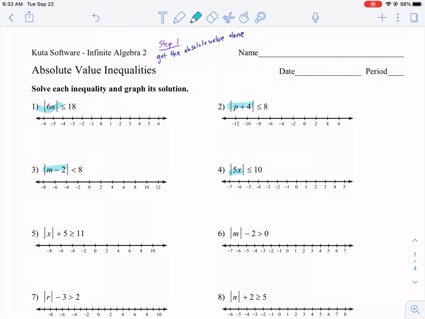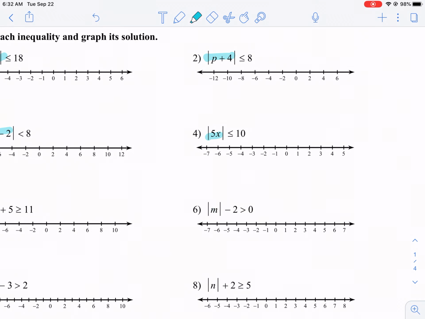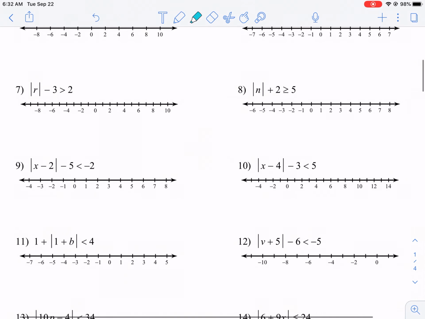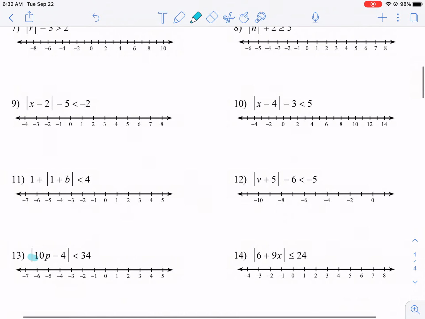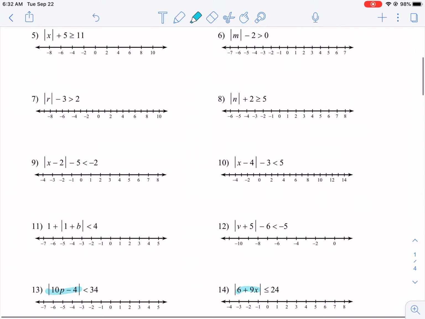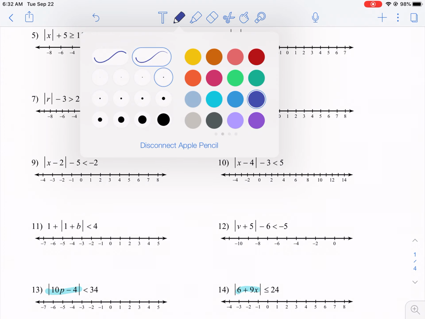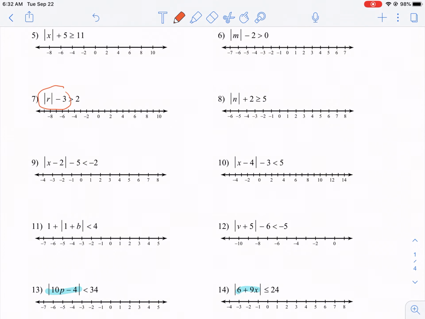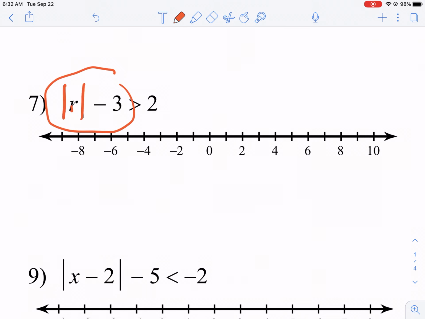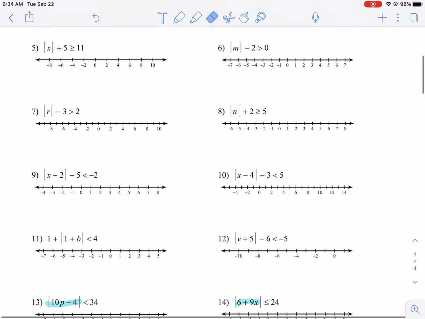You'll see that they're on one side of the inequality, like these ones. These ones, however, are not. So take a look at this. We have the absolute value right here, but it's not by itself on one side of the inequality. We have this -3 hanging on. So this one is not a case where it's by itself.